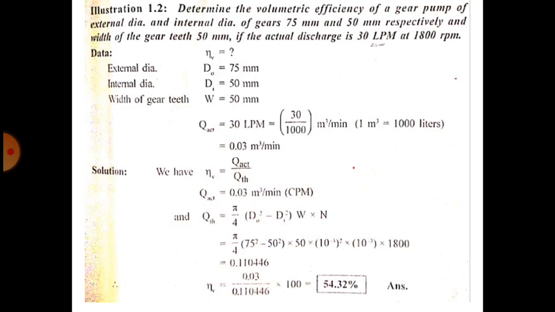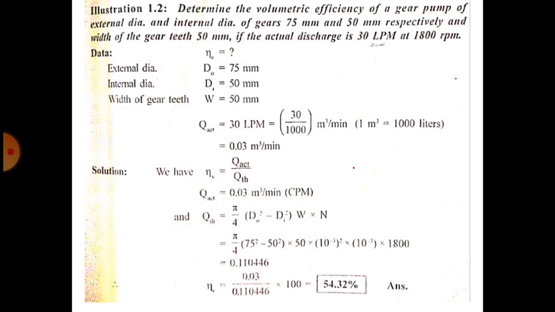Determine the volumetric efficiency of a gear pump of external diameter and internal diameter of gears 75 mm and 50 mm respectively, and with the gear teeth 50 mm, if the discharge is 30 liters per minute at 1800 rpm. So given things are: external diameter of the gear is 75 mm, internal diameter of the gear is 50 mm, width of the gear is 50 mm.